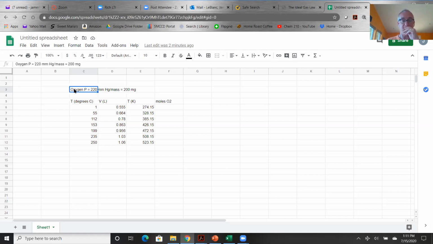So how many grams do I have now? Instead of 200 milligrams, I can actually say how many grams. 0.200 grams. There you go. So how many moles is that?